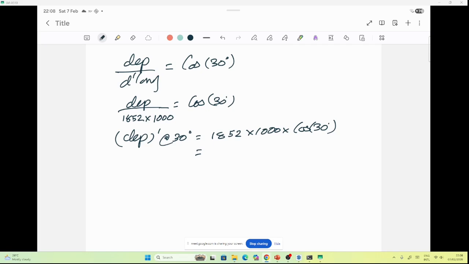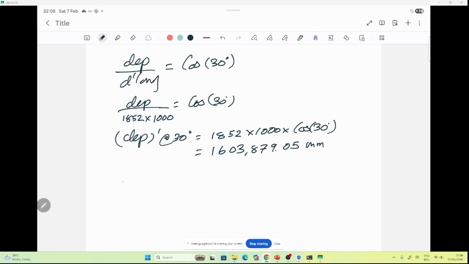Yeah, 1603.879.05, right? Millimeters. Are we clear? So this is, let's see what this is.